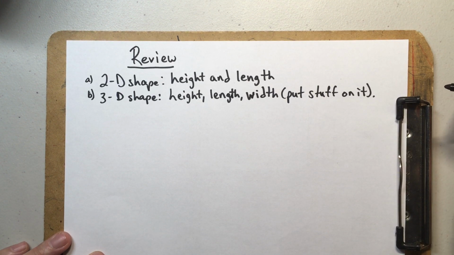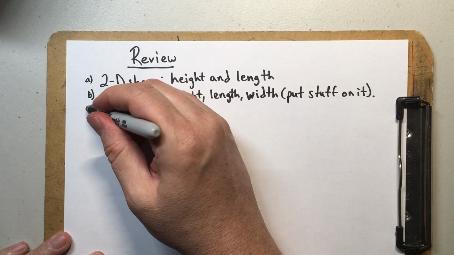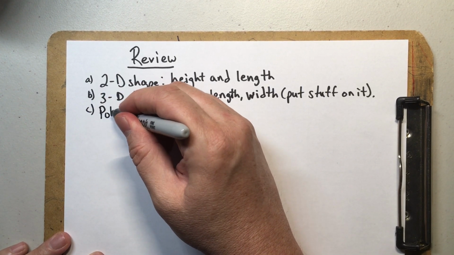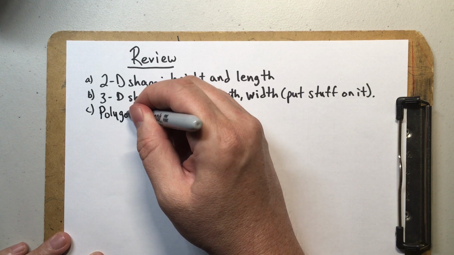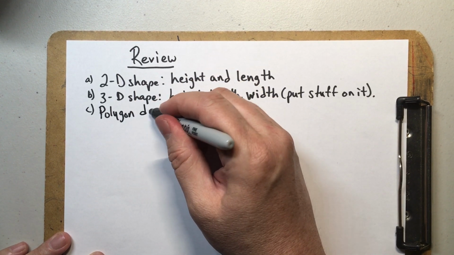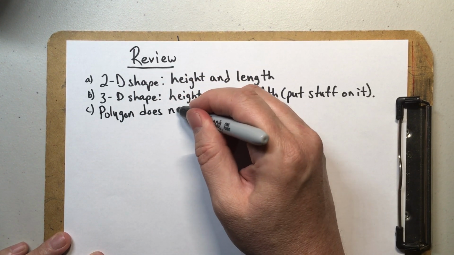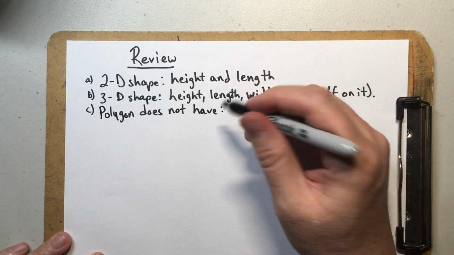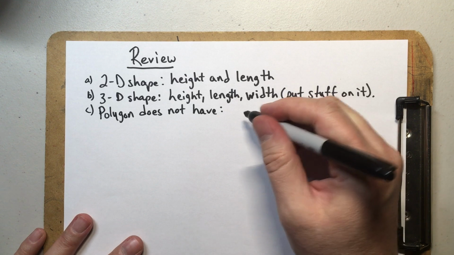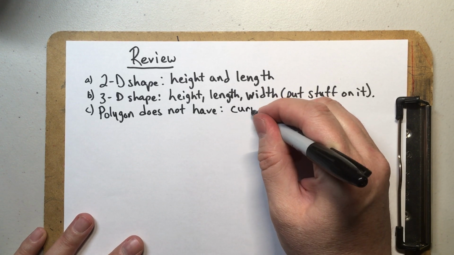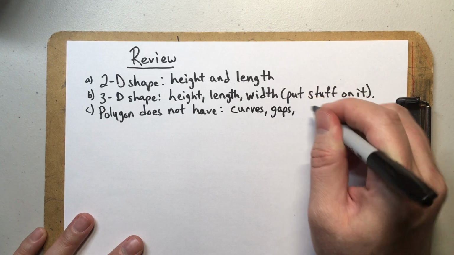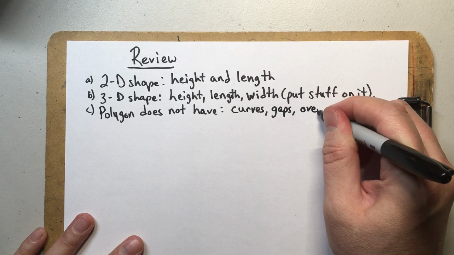Okay? Remember that a polygon does not have 3 major things. It does not have curves, gaps, or overlaps.